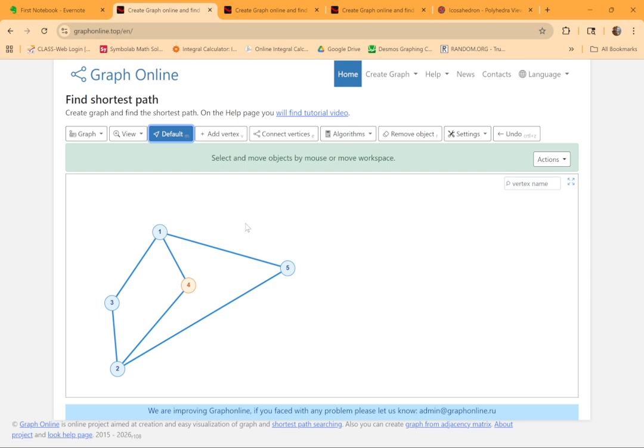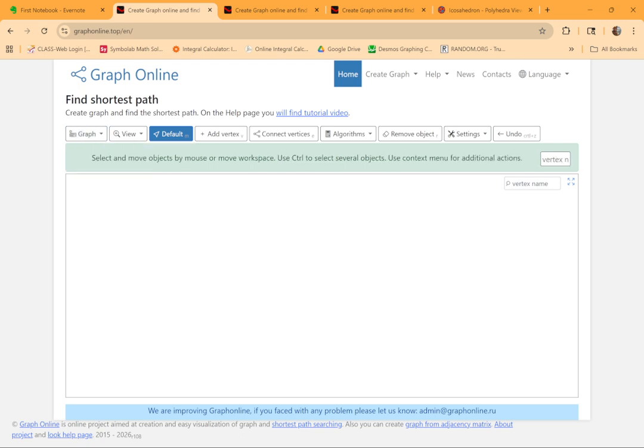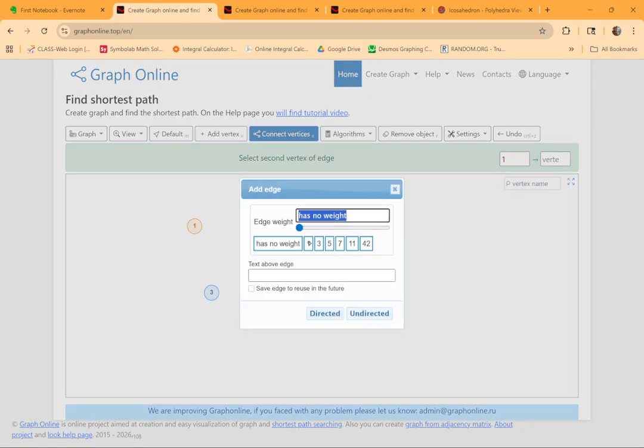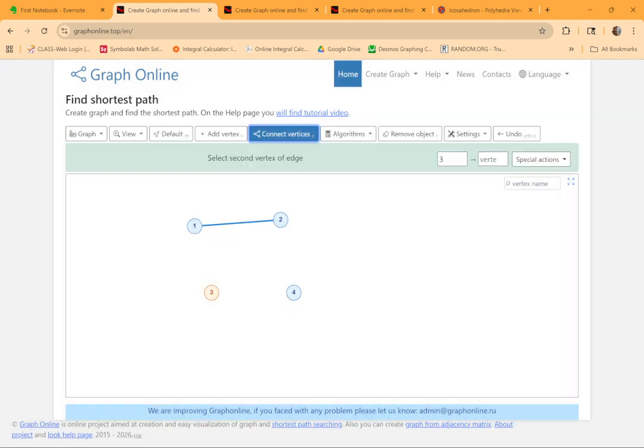Now, when we just have a connected graph that's not bipartite, let's take a look at a graph like this. There is a minimum number.